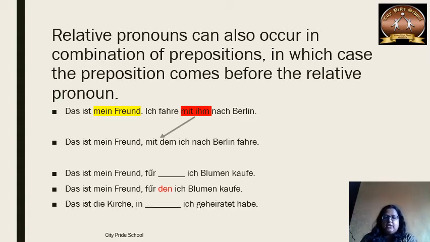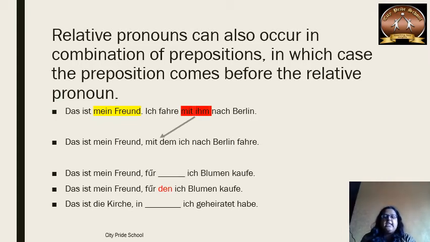Das ist die Kirche, in blank ich geheiratet habe. Now here we have to use the relative pronoun for the Kirche. The article of Kirche is feminine, die Kirche. But the case will be decided by the preposition. Here the preposition is in. In is a Wechsel preposition.